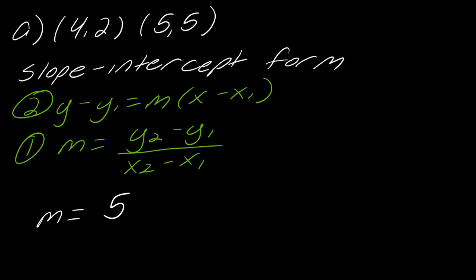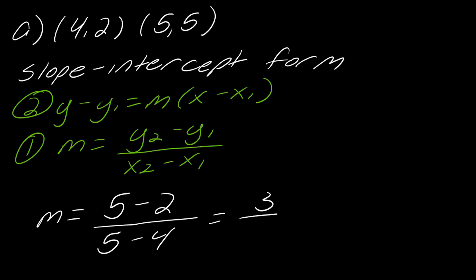So I get 5 minus 2 over 5 minus 4, and I get 3 over 1, so this just equals 3. Okay. So now I'm going to note here that my m equals 3, and now I'm going to clear out all of this stuff about slope because I don't need it now.